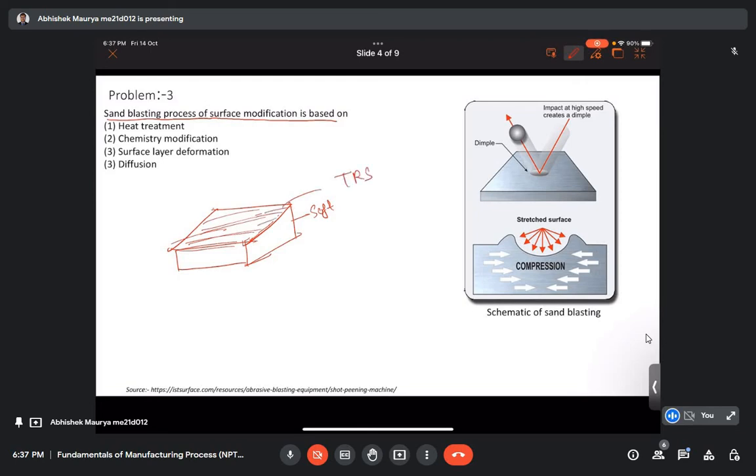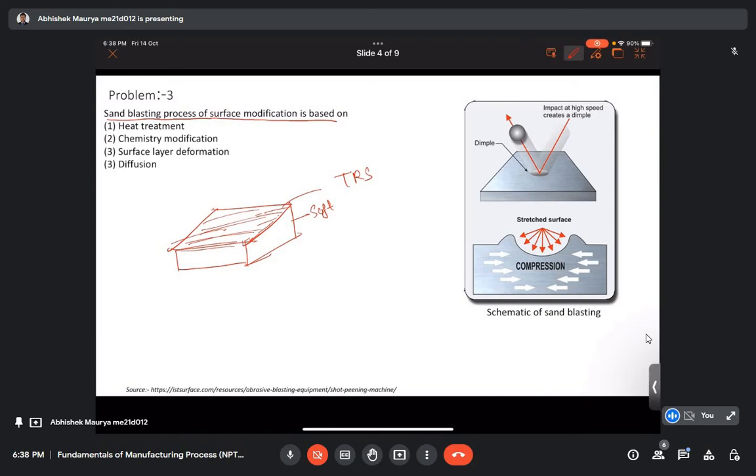But for our application, we need a material which doesn't have tensile residual stress on the surface, or we want a hard surface, so that the wear of the component will become slower.